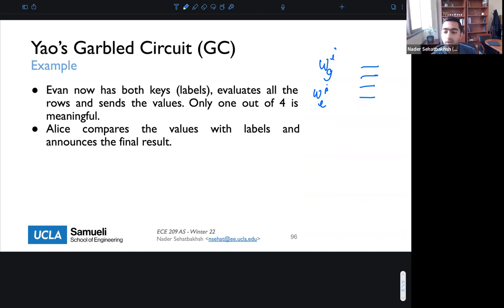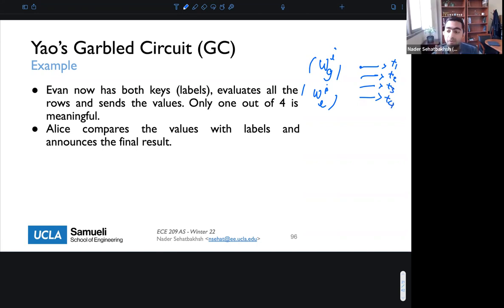So now what Evan can do is basically he can try his key and decrypt all of these 4 values, right? He gets these 4 values. Let's call them T1, T2, T3, T4.